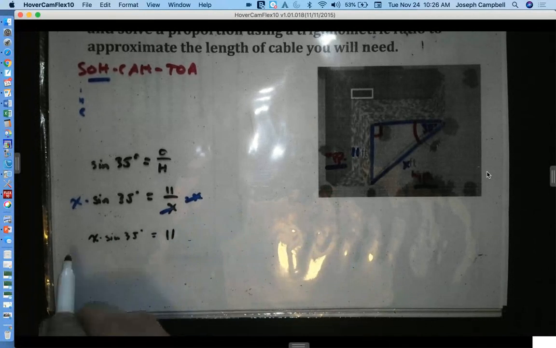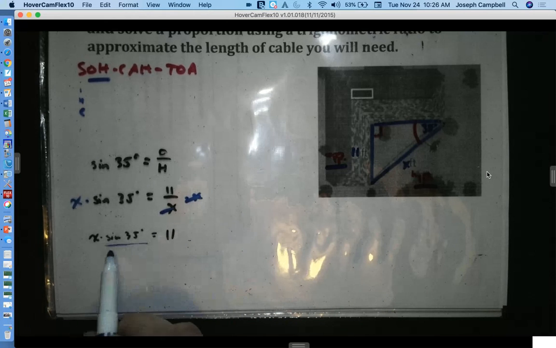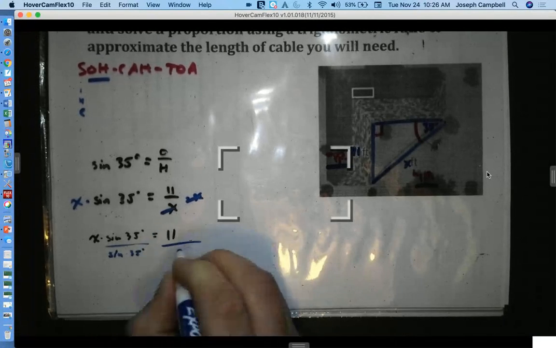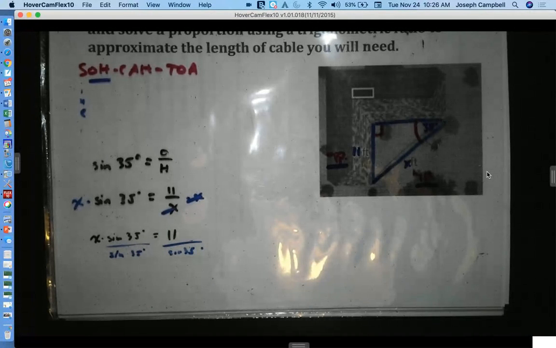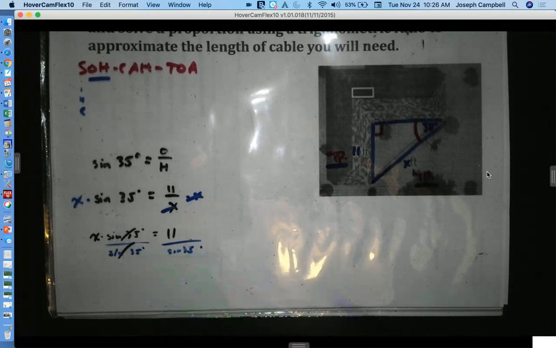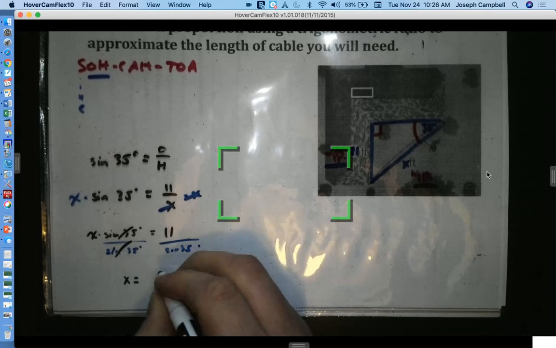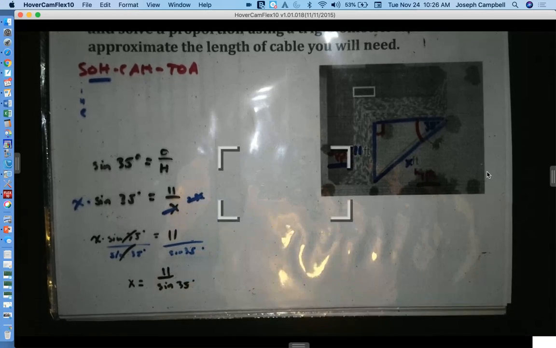Now I want to solve for x, so let's get rid of that sine of 35. Okay, so these will cancel as is desired, and x is equal to 11 divided by sine of 35 degrees.